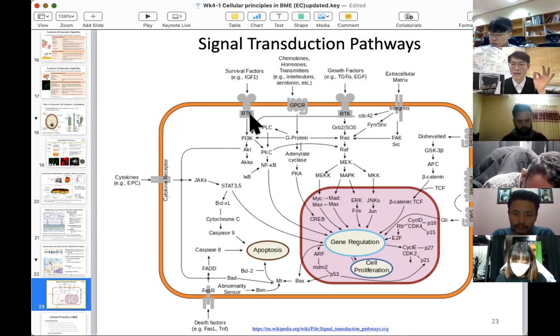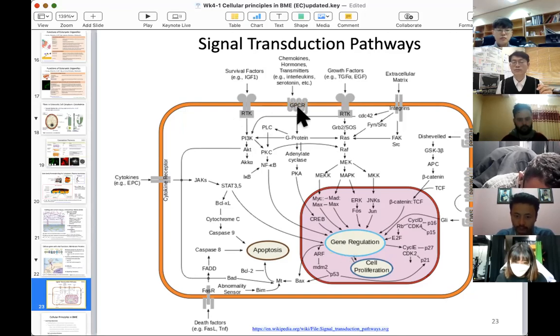Kinase is an active enzyme which phosphorylates another protein, another kinase. So it activates PI3 kinase, then it will activate AKT and so on. These eventually lead to gene regulation, okay?